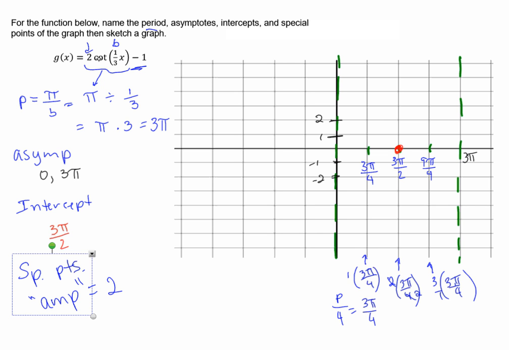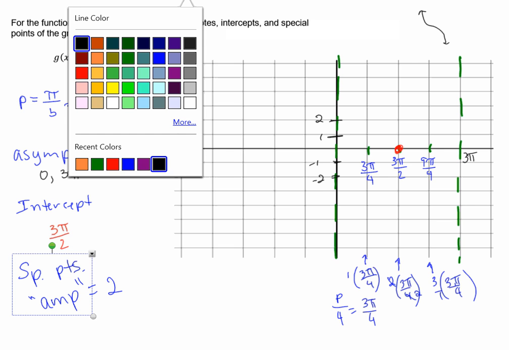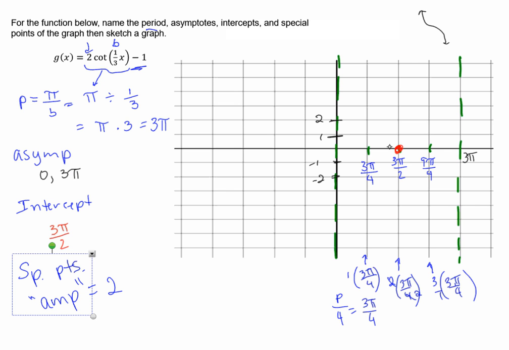Okay, this is cotangent, which goes downhill. He's a downhill slide, right? So I've got my intercept, I've got my asymptote. Halfway in between my intercept and asymptote is a special point. It's cotangent, so it goes up on the left, and then over here, it's going to go down on the right.